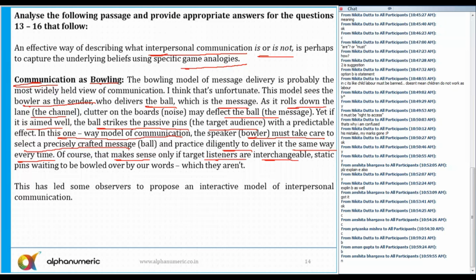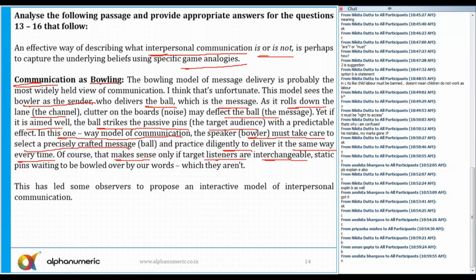For example, communication as bowling would be something like an advertisement. Advertisement is a one-way model of communication. Now, advertisements have to be understood by every single person. Person A, person B, person C, person D. So the target listeners are interchangeable.